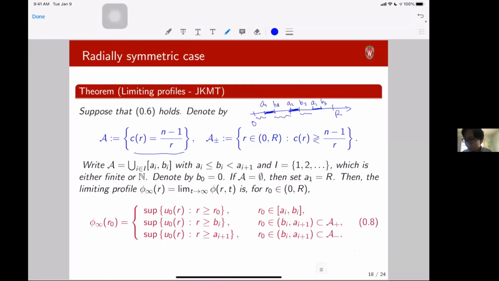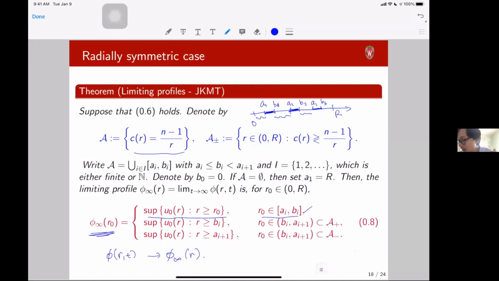Okay. Then we can prove that in the limit, phi of R, T converges to phi infinity of R. In the limit, if we are in the regions where the mean curvature flow is balanced with the forcing term, then the solution is the supremum of u naught of R for R greater than or equal to R naught.